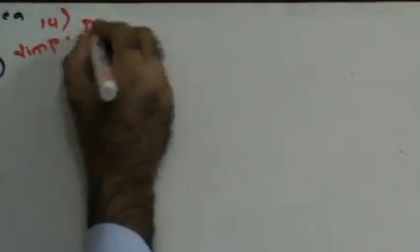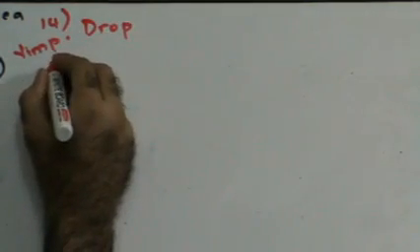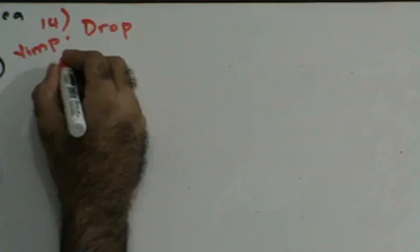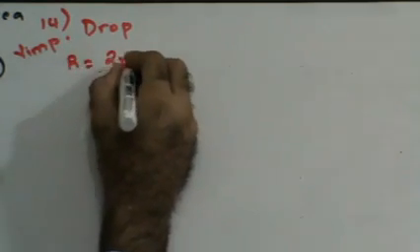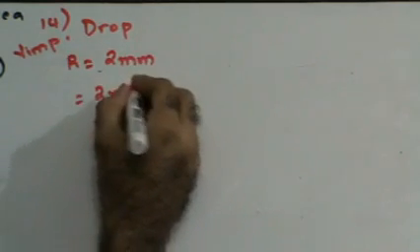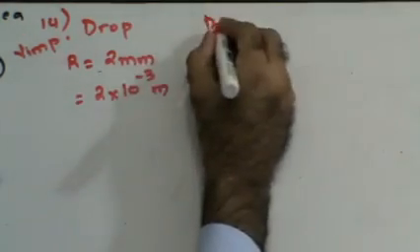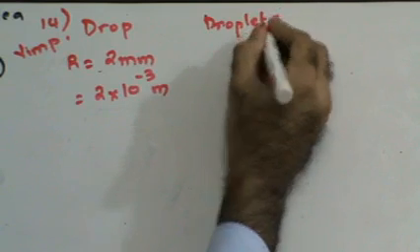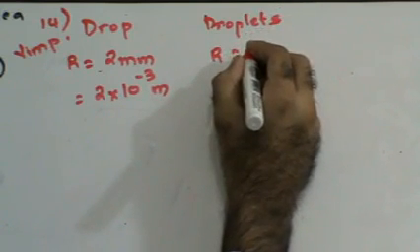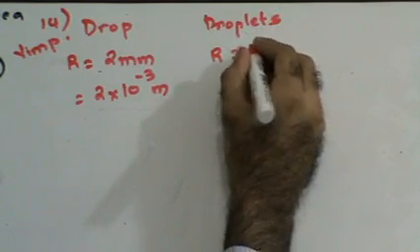Calculate the work done when a spherical drop of mercury of radius 2 millimeters is broken into a million droplets, each of the same size.